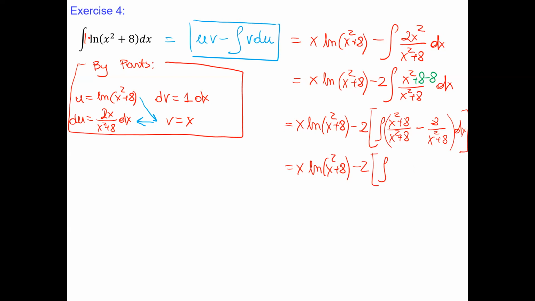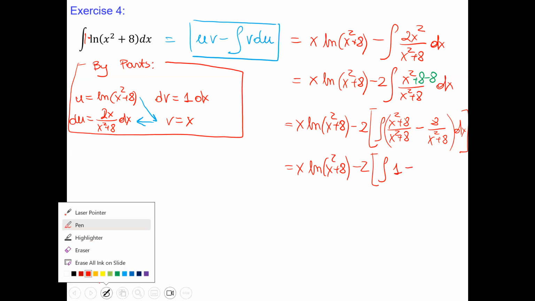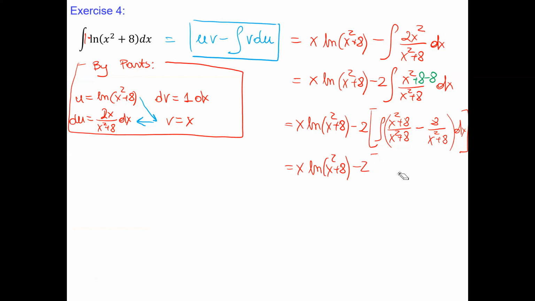This will be x squared plus 8 over x squared plus 8, which is 1. Now I can split into 2 integrals, because the integral of a subtraction is the subtraction of 2 integrals. So this will be 1 dx minus integral of 8 over x squared plus 8 dx. And that 8 I can put in front of the integral, and then we will use the arctangent formula.